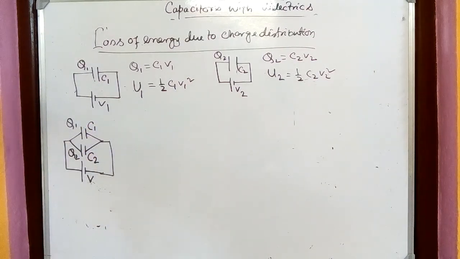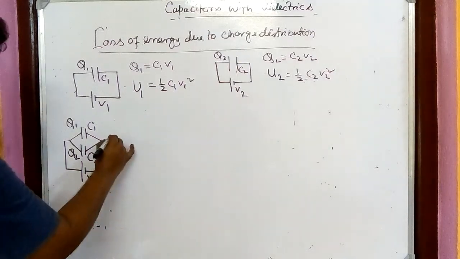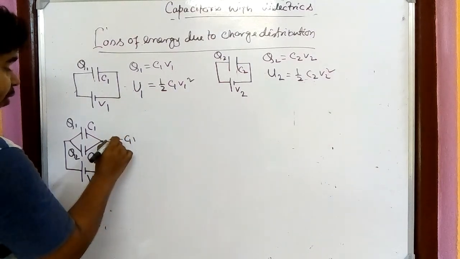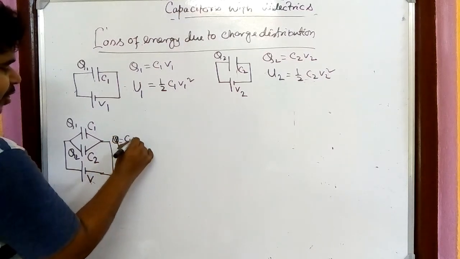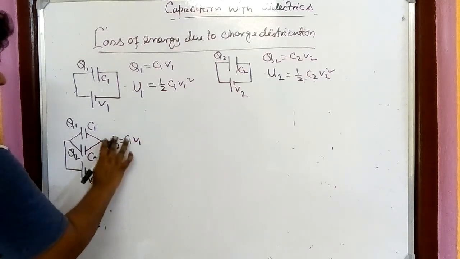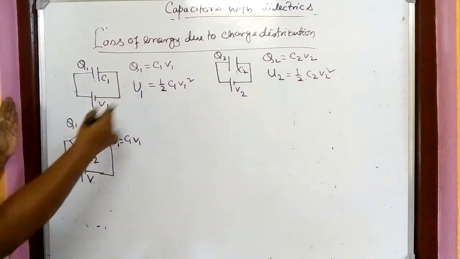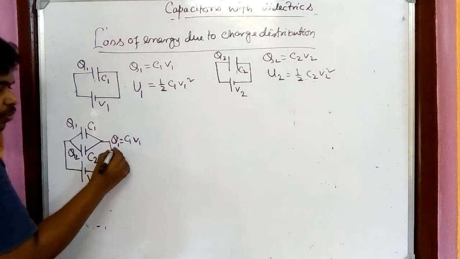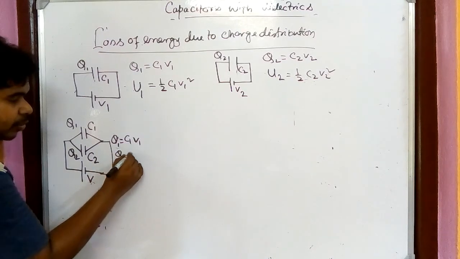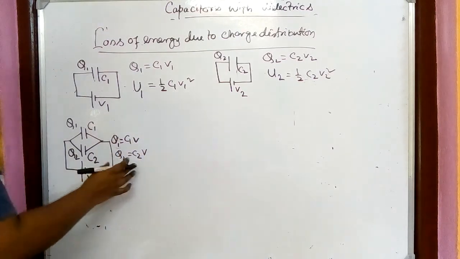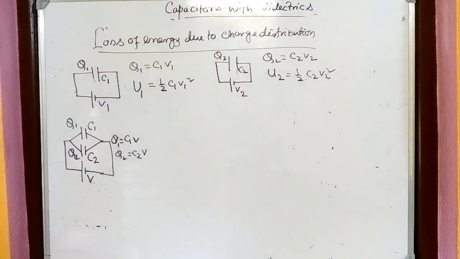So we can write Q1 equals C1 into V and Q2 equals C2 into V, because as it is parallel, the potential difference should be constant.